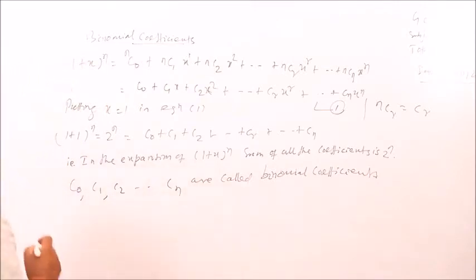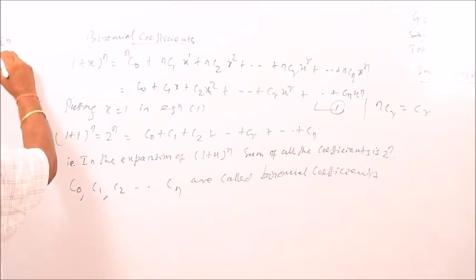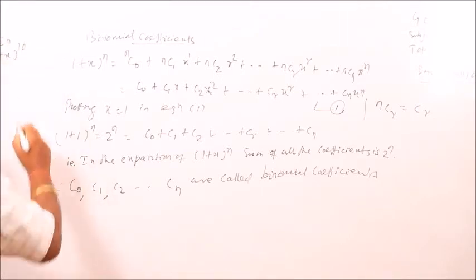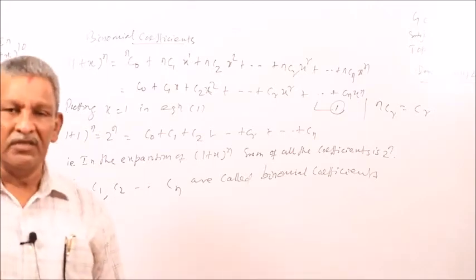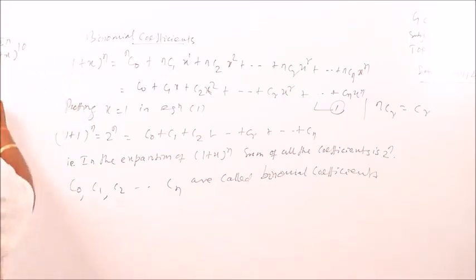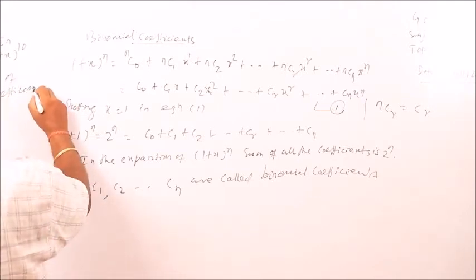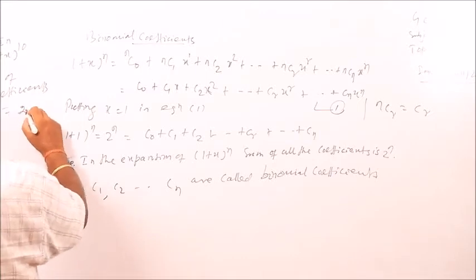So, for example, in (1 + x)^10, what will be the sum of the coefficients? Just put x equal to 1, that means the sum of coefficients equals 2^10.